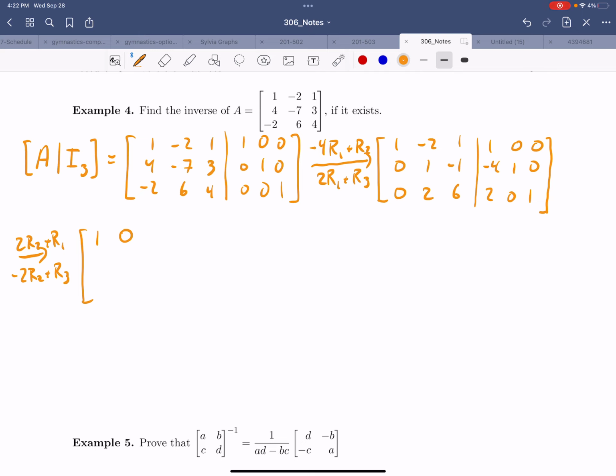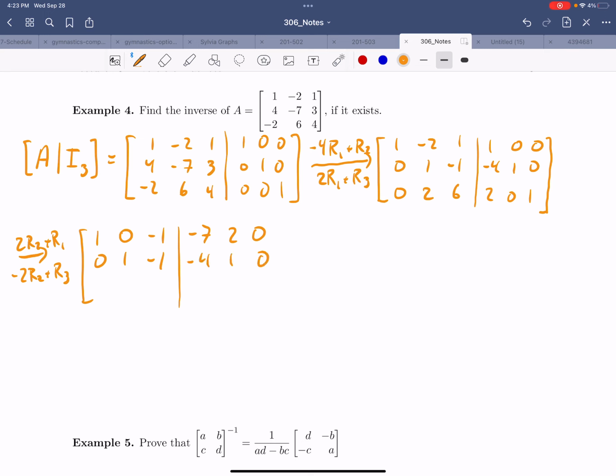And then I think that's going to be a negative 1. Then we apply that to here too, right? So 2r2 I think becomes a negative 7. No. Yeah. Negative 7. 2, 0. Okay, r2 always stays the same.